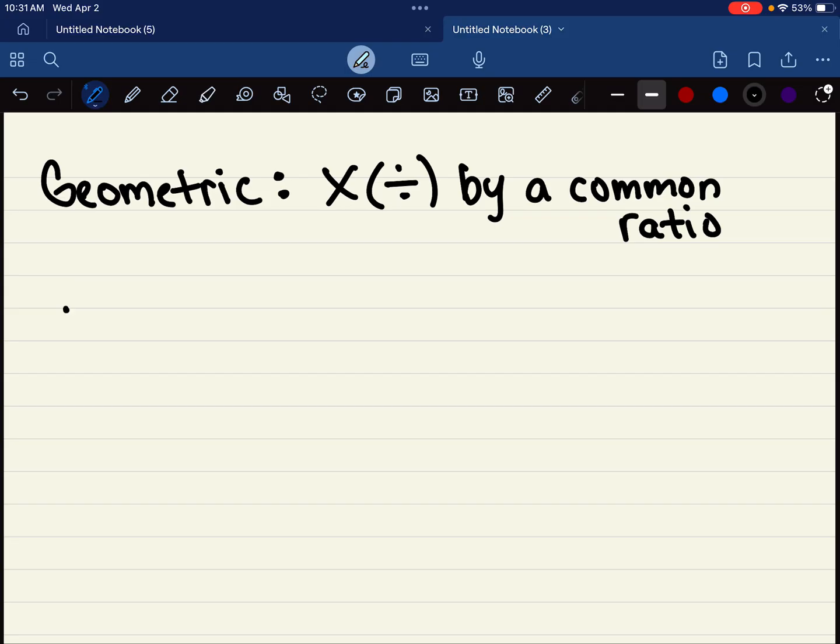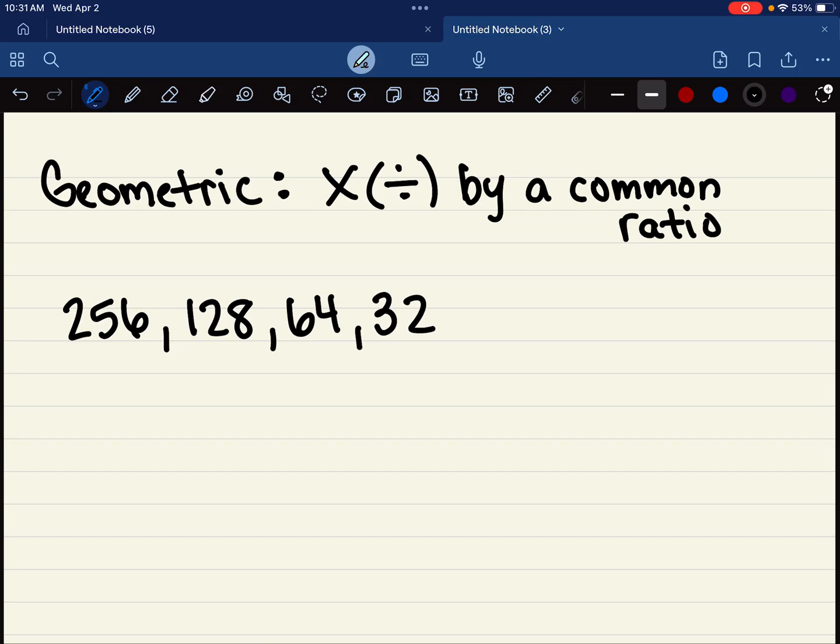So, first sequence: 256, 128, 64, 32. Sometimes it's kind of hard to tell from 256 to 128. You might be able to tell easily from 64 to 32. How could I get from 64 to 32?